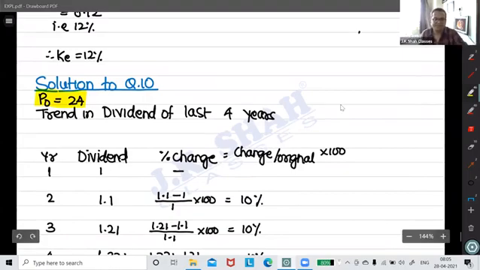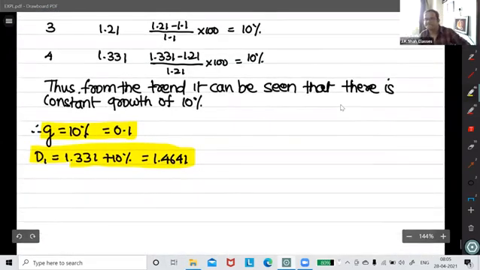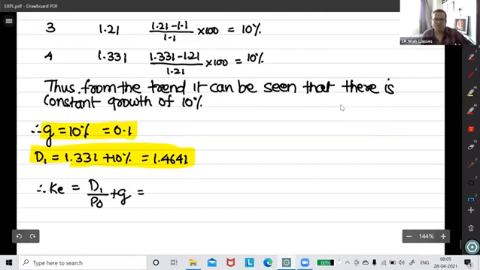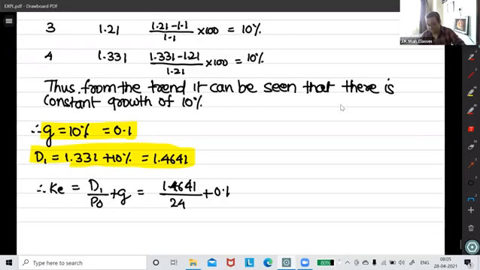Let me calculate. Therefore, KE is equal to D1 upon P0 plus G. 1.4641 upon 24 plus 0.1. 1.4641 divided by 24, some big answer came, plus 0.1.